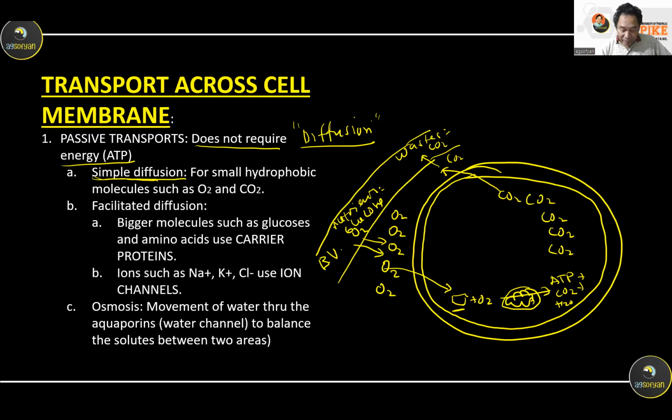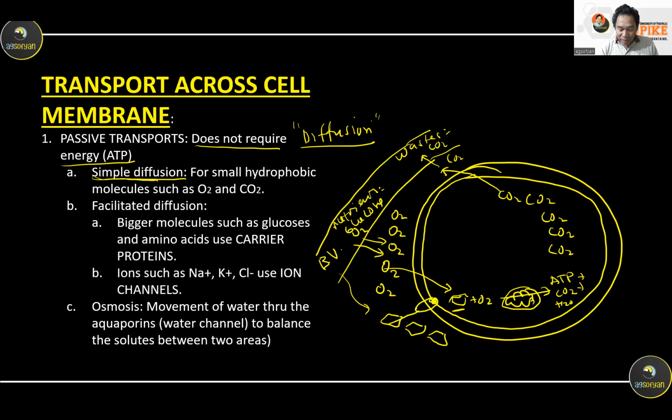Now look at the glucose over here. The blood vessel carries a lot of glucose. Let's say glucose is over here. It's going to be a higher concentration outside the cell. And because glucose is very big, it cannot go through this phospholipid bilayer. Glucose requires what we call a carrier or transporter.